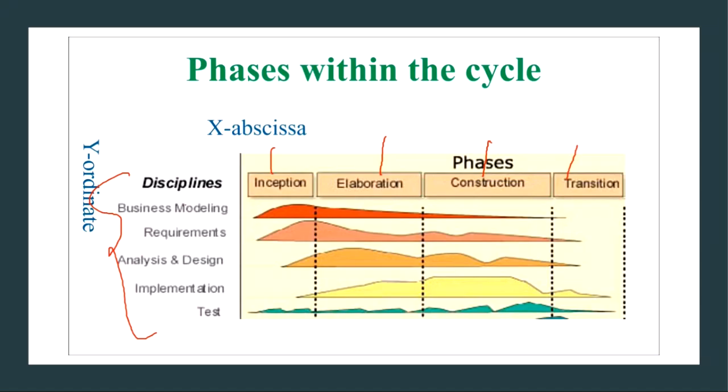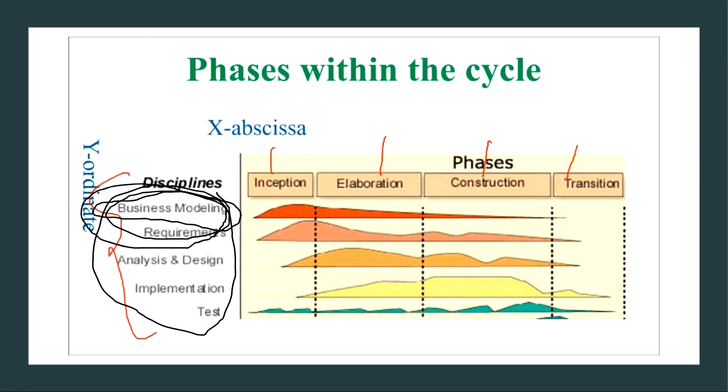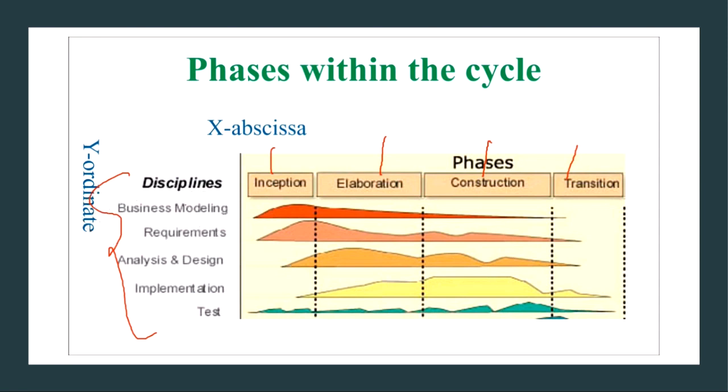The first requirement would be that I have to model the business and do requirement analysis. You can keep both together. Say my first thing is requirement analysis. This graph shows you the quantity, which thing is happening the most in which phase. For example, if I have to model my problem and do requirement analysis, meaning the first phase of SDLC, the user has to interact with the project manager and they have to come up with the SRS document.